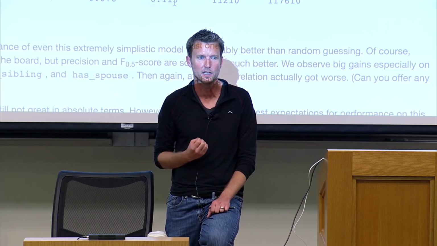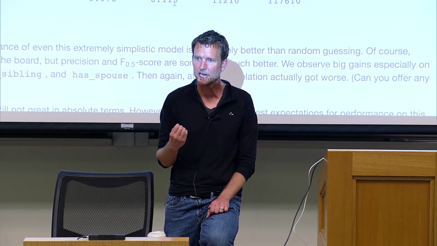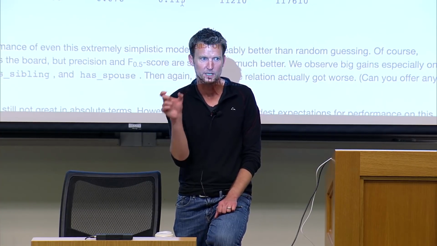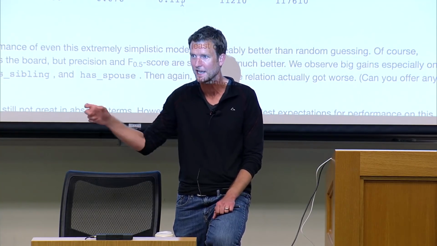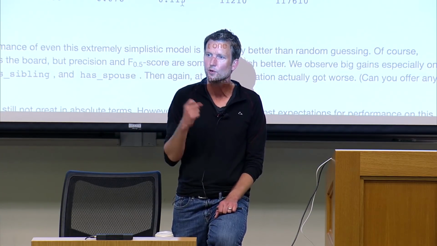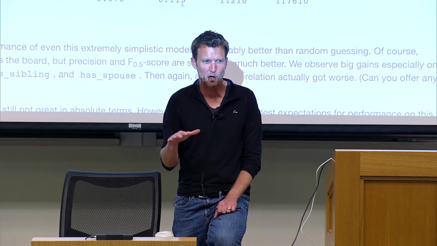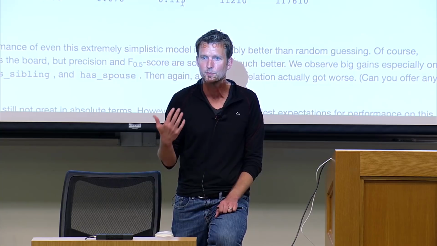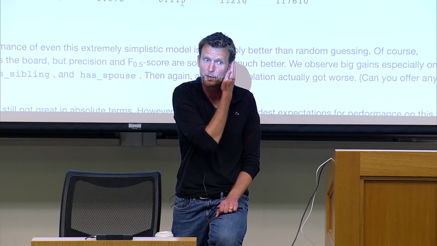That's the KB being incomplete. And we're also going to have trouble getting great recall because there could be some relations that are true and are in the KB, but there's no evidence of it in the corpus. Both the KB and the corpus are kind of small, and that's going to put limits on how good the precision and recall we can achieve will be.